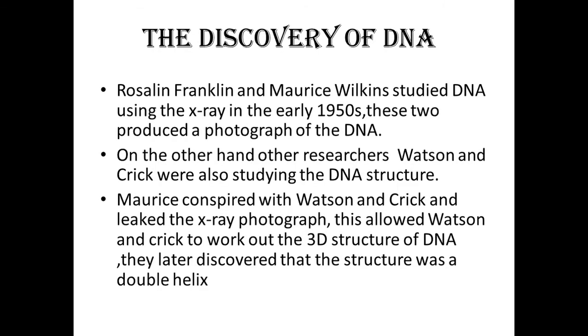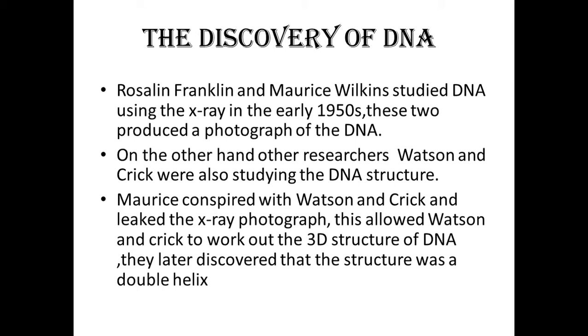Now let's quickly look at the discovery of your DNA. In the early 1950s, Franklin and Morris studied the DNA using X-rays. These two produced a photograph of the DNA using the X-ray light. On the other hand, there were two other researchers, namely Watson and Crick.